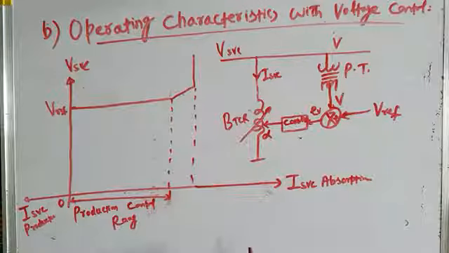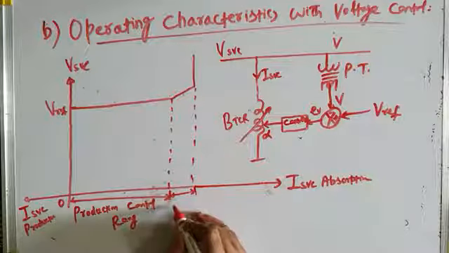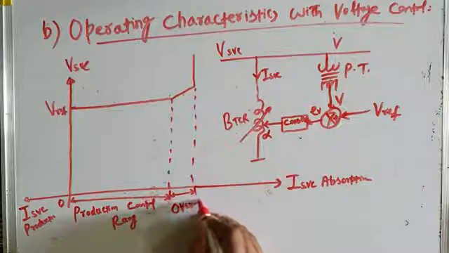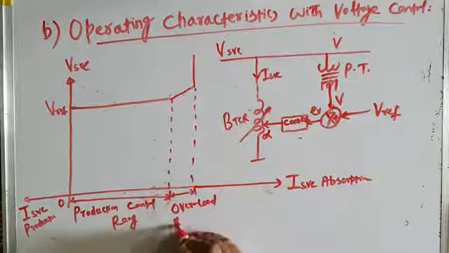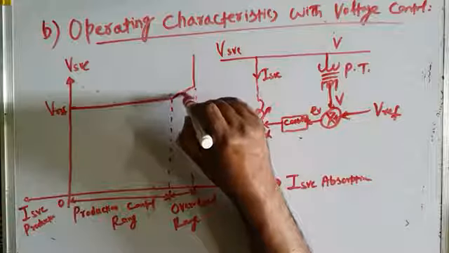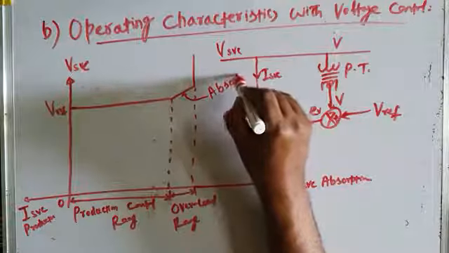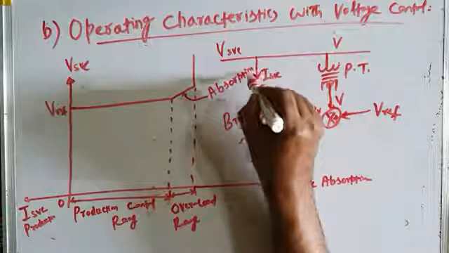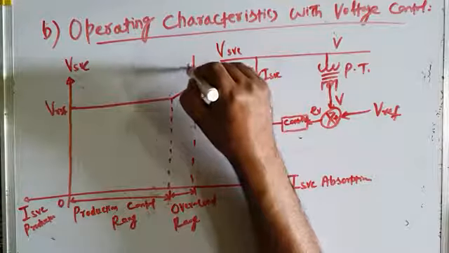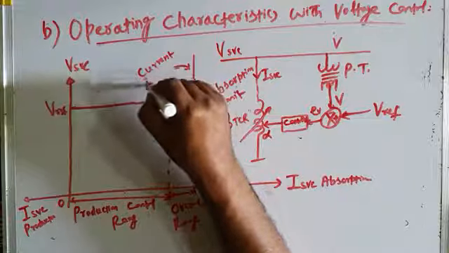And from this point to this point, this range is called the overload range, right? This represents the absorption limit, and this is the current limit.